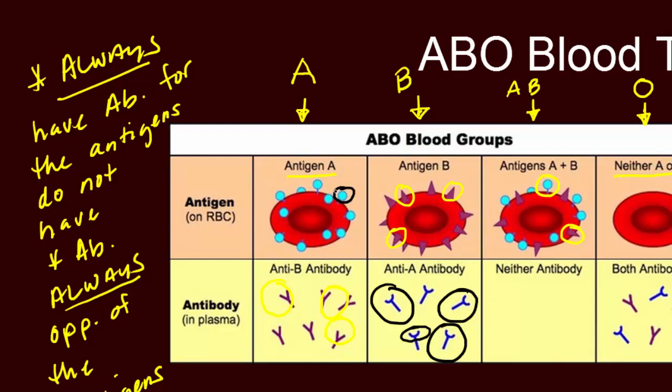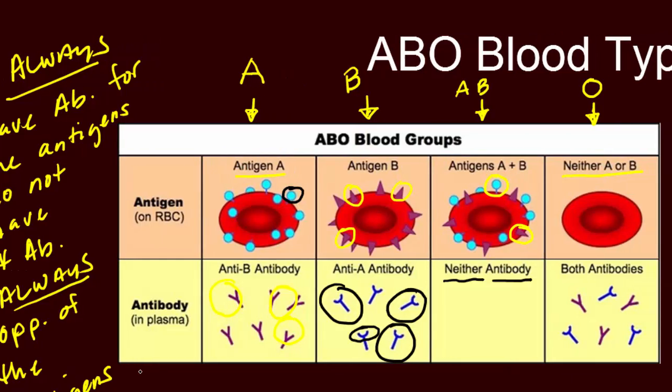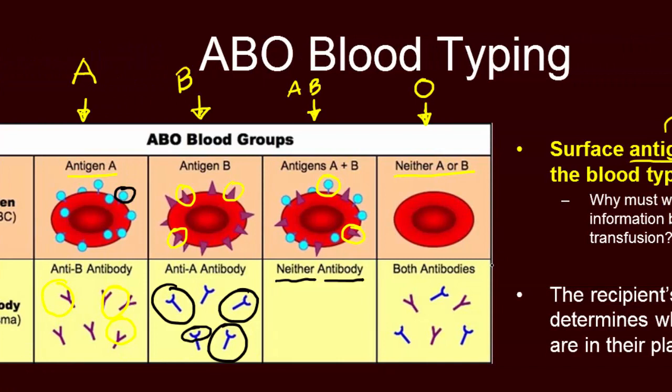Someone who's type AB blood has all of the antigens, so they have no antibodies. Remember, the antibodies are always opposite the antigen, right? So they have all antigens, opposite of all is none, no antibodies. What about someone who's type O? Someone who's type O has neither A nor B antigens, so they have no antigens, and the opposite of none is all.